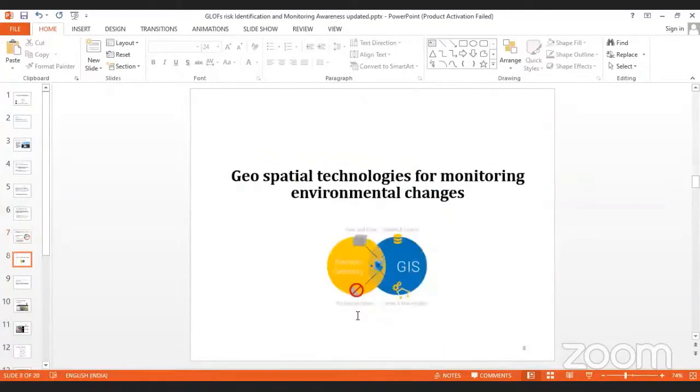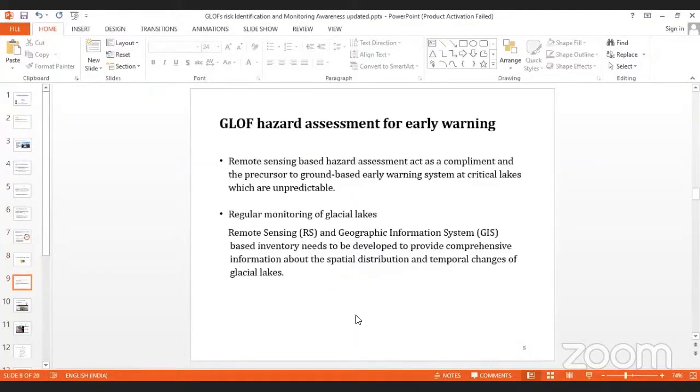Now, up to now in our study, we have basically worked on geospatial technology for monitoring environmental changes. In that system, we have found the GeoWeb as a hazard assessment and early warning system.